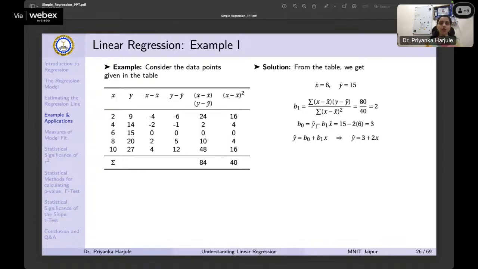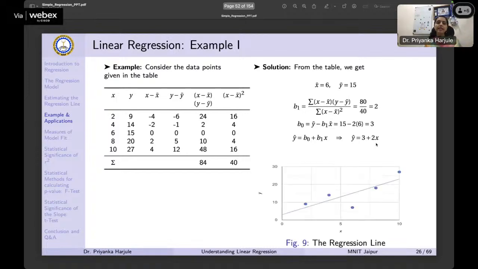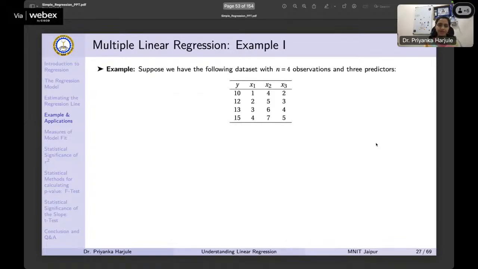You have y bar, we have x bar, and we just substitute b1 from the previous calculation, and we find b naught to be 3. So b1 and b naught are the values that minimize the residual sum of squares to give us the best fit line. So that is 3 plus 2x, and it looks like this between the data.